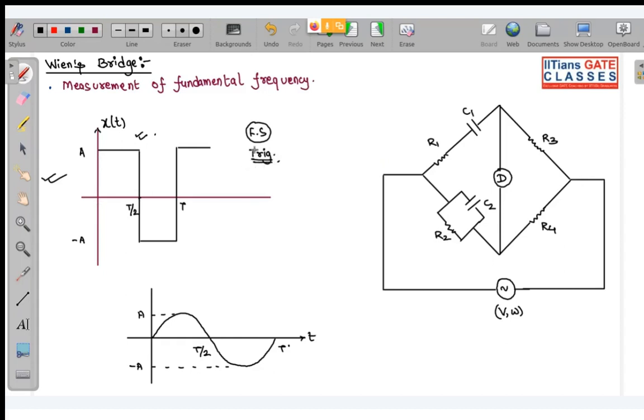It will contain basically harmonics of sine, like sine omega naught t, sine 2 omega naught t, sine 3 omega naught t. All those frequencies are going to be present.